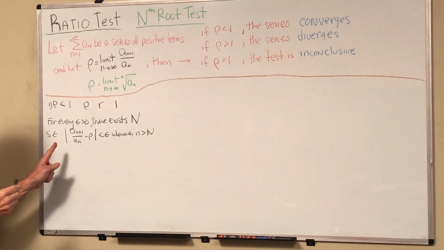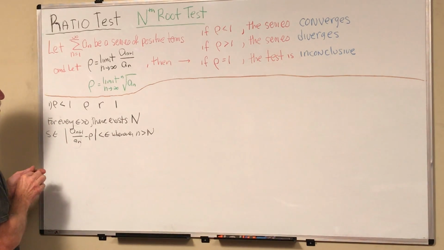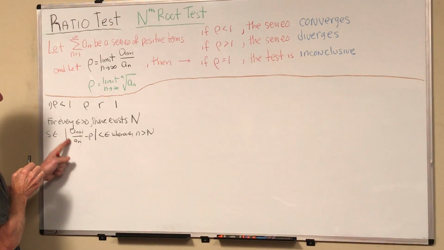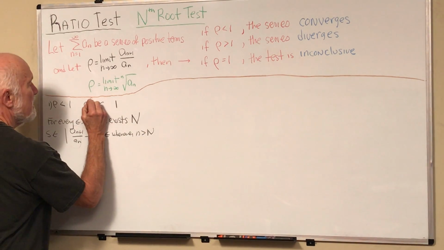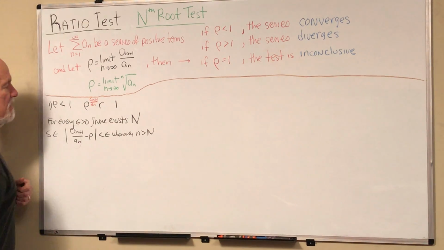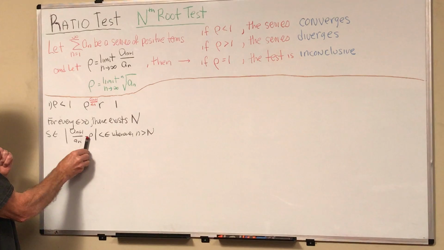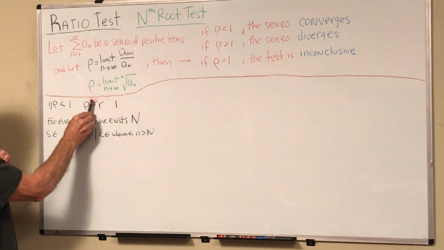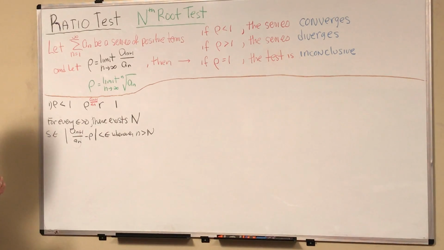So that means I can get a sub n plus 1 over a sub n, I can get that ratio somewhere in between here. Because whatever that distance is, I can always get the distance between here and here to be less than that. That's what this is saying.